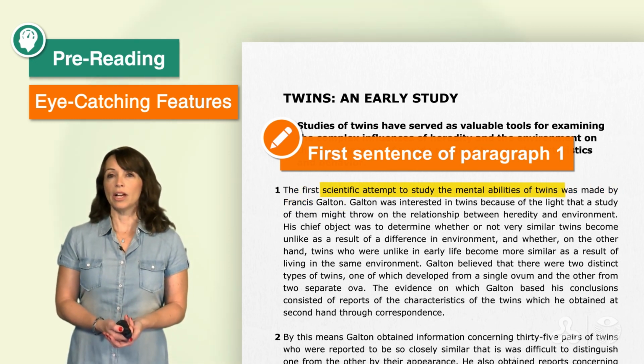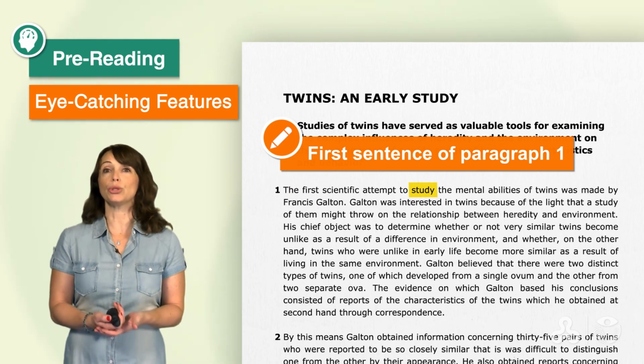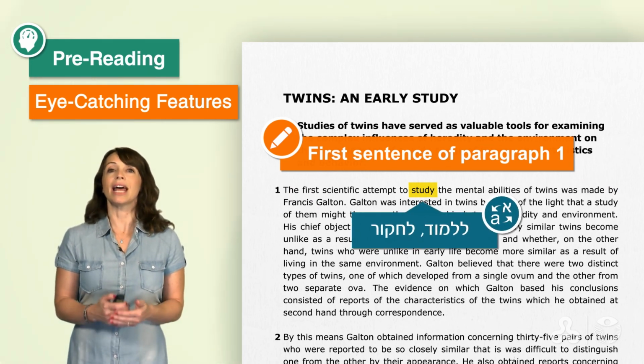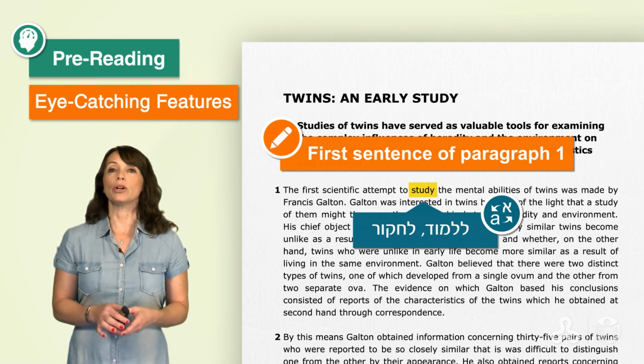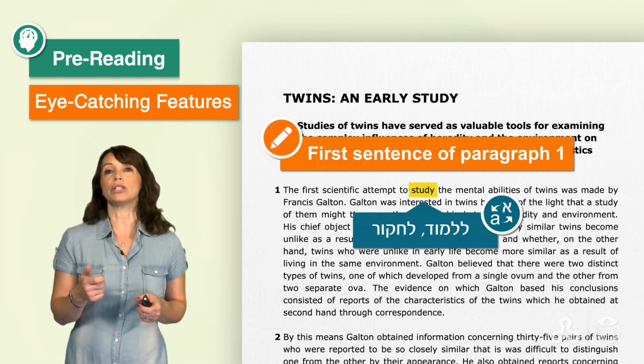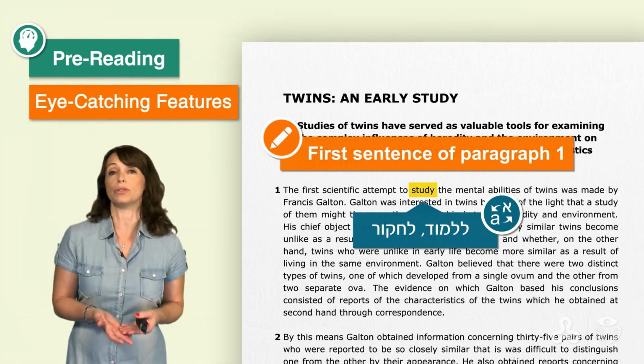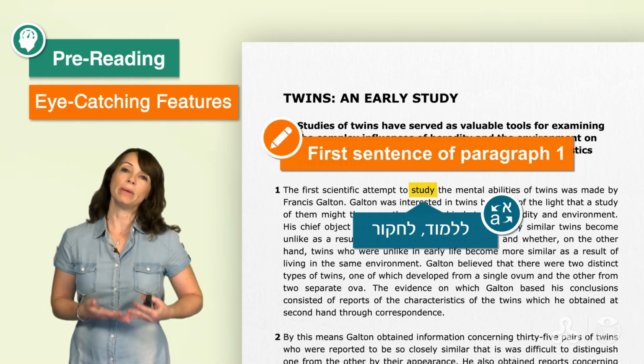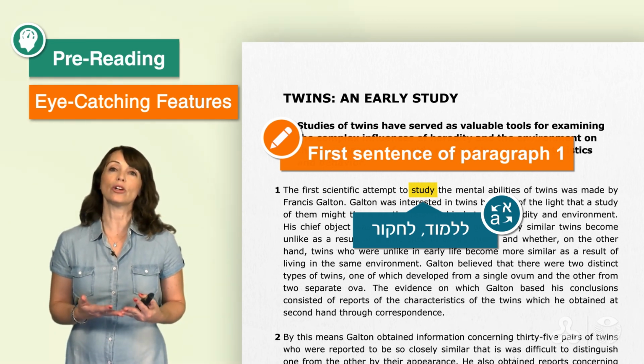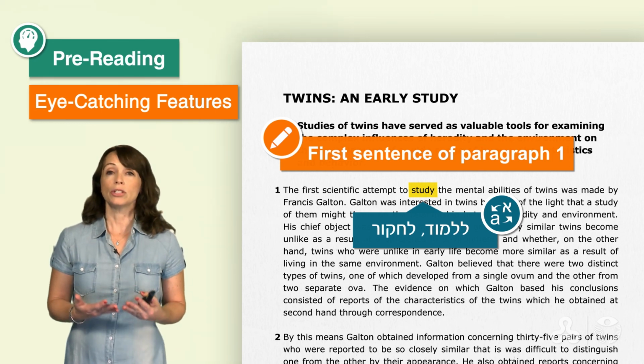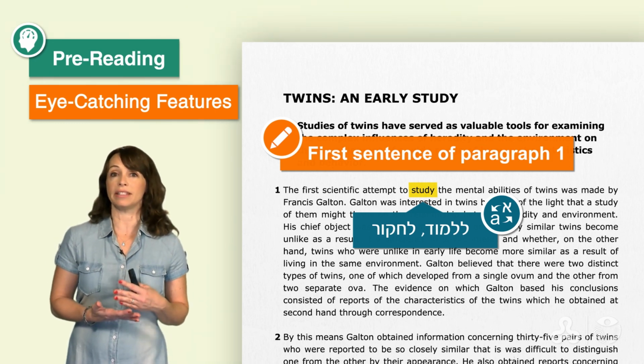Okay? So let's focus here again on the words to study. To study means to research. Now remember, you already know probably the words to study in the sense of to learn. Okay? But in academic texts, usually studies actually mean research studies. So just keep that in mind when you're reading the text.